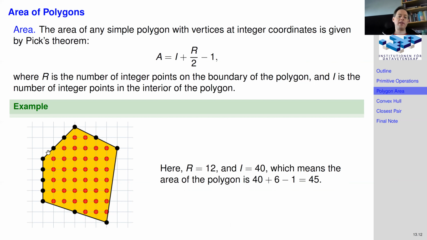In this particular example, there are 12 points on the boundary, so R is 12, and there are 40 points on the interior. So it means that the area of this polygon is 45. And of course, a corollary of this is that the area is either an integer or an integer plus 0.5. So I mean, it can be half. So it's quite nice and useful.